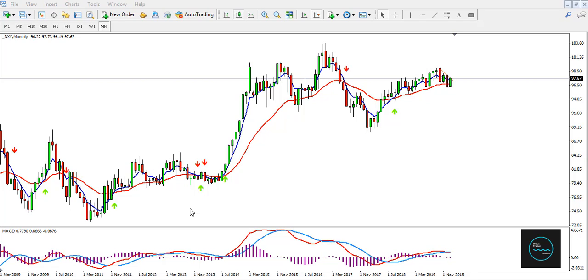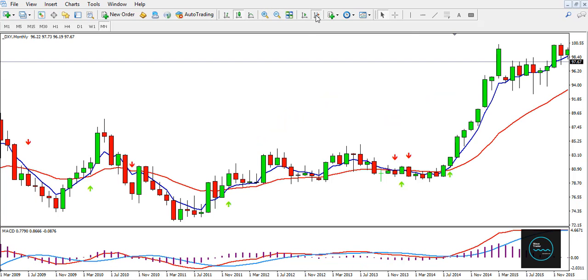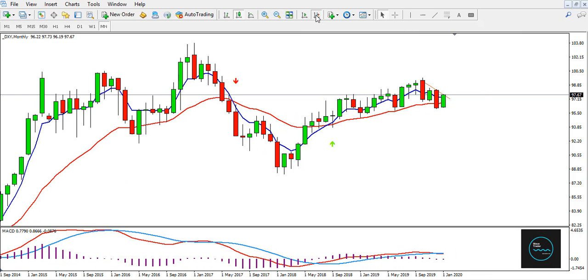So now I'm on the monthly chart for the dollar index, and I'm just going to tell it as I see it. The most current candle is bullish, so that means we are bouncing off of an area of support. That's okay. However, I see negative divergence beginning to form, and you can see that more clearly when you look at the histogram.